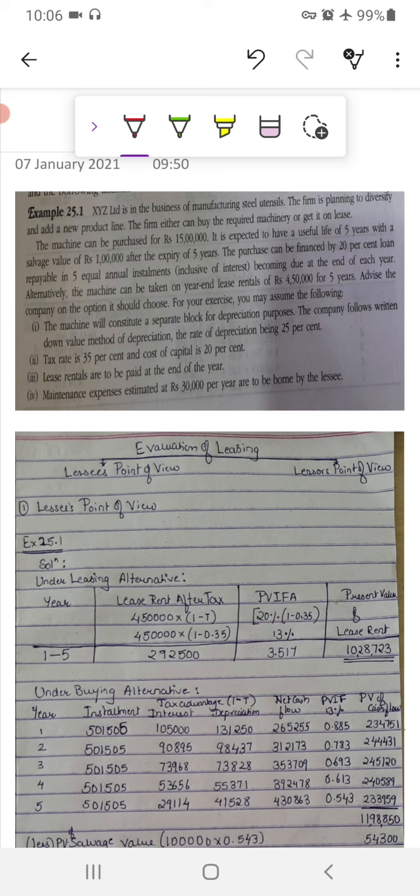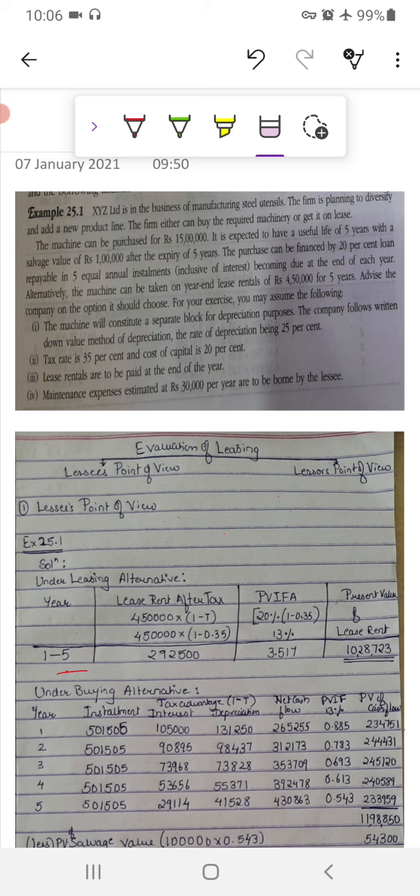Okay. So once we get this 13%, go to the present value interest factor annuity table. I am repeating, it is present value interest factor annuity table, and look for 13% for 5 years. So when you go to the table, 13% for 5 years will give you 3.517.